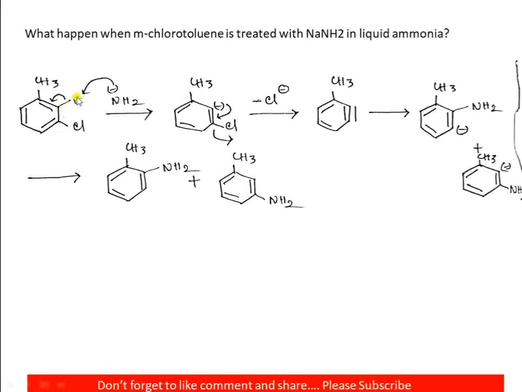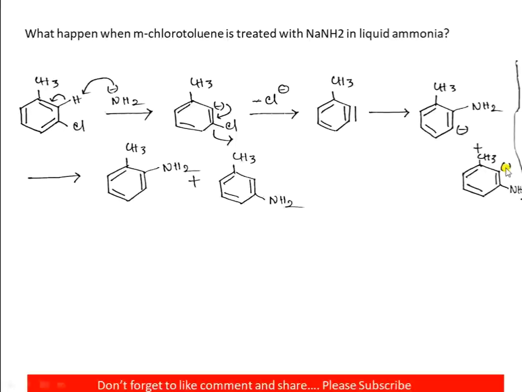And earlier I told you, when the R group, that is a substituent, has plus I effect, then the carbanion formed from the benzyne intermediate having negative charge on the C3 carbon atom will be more stable than the carbanion having negative charge at the C2 carbon atom. So the major product formed from this reaction is ortho-toluidine.